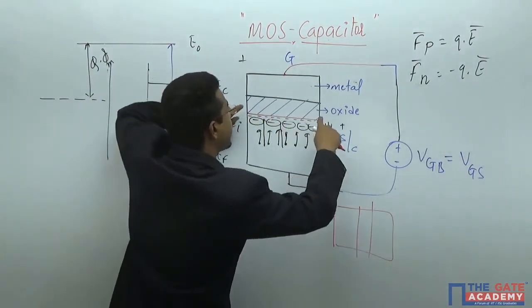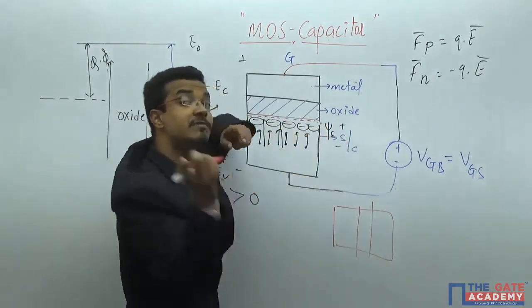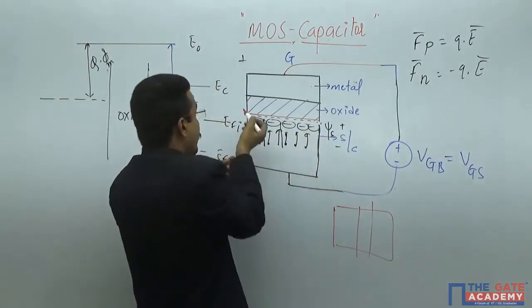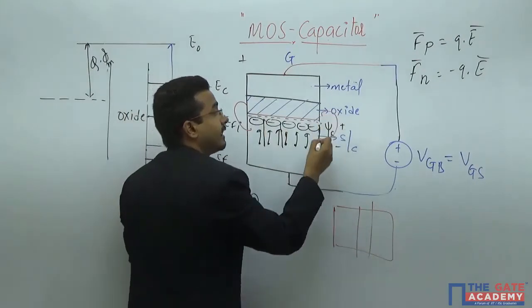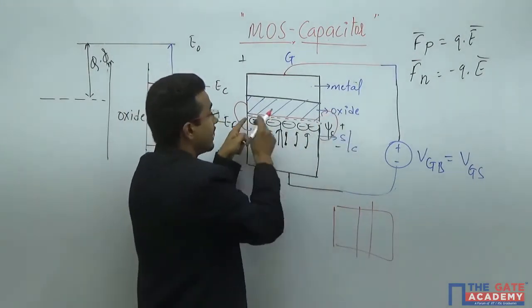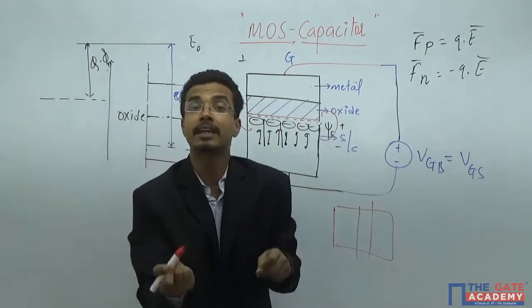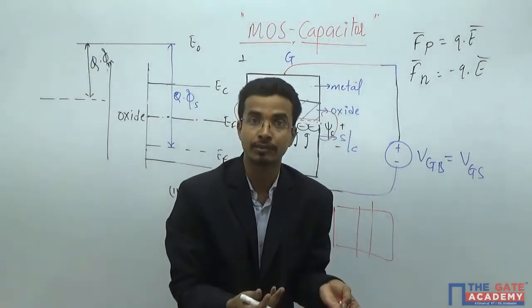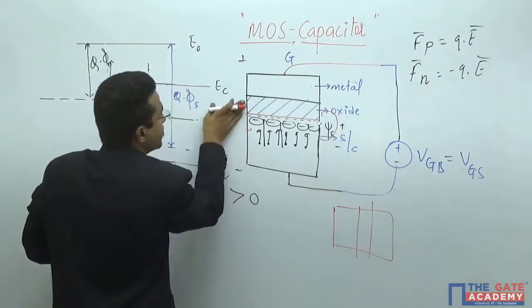Whenever you provide an interconnection here and here, as in a MOSFET, according to the battery, these red charge carriers, because they are mobile, free electrons, can move. But here you don't have these options.